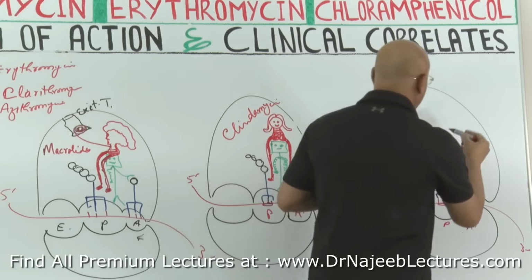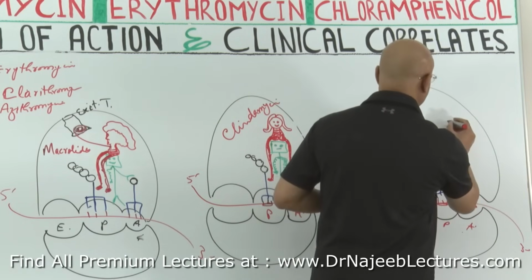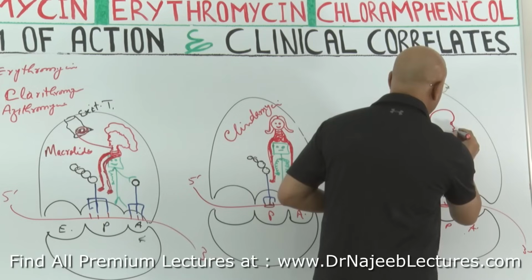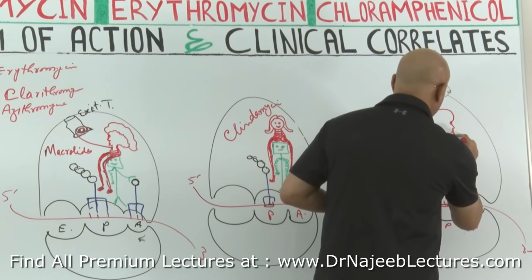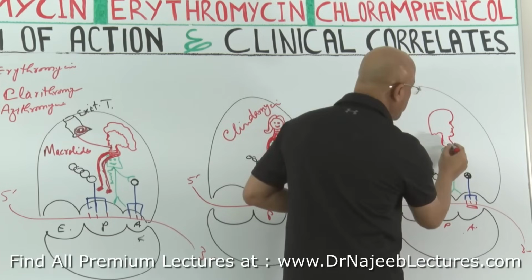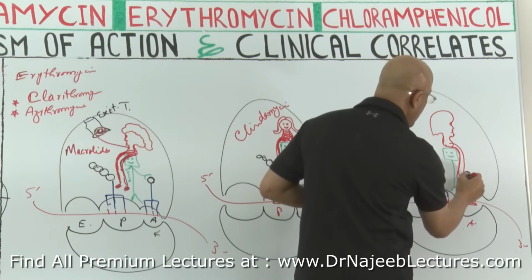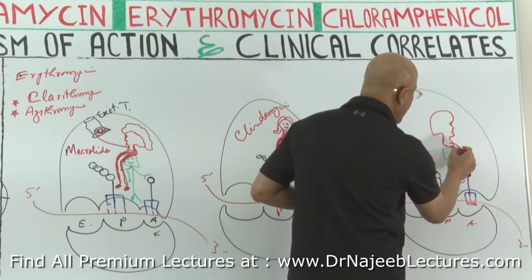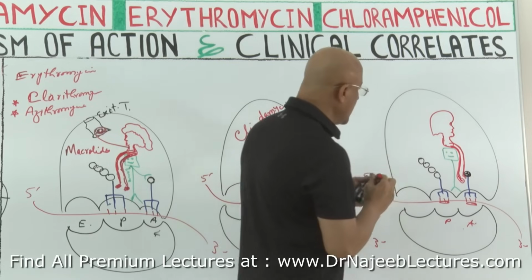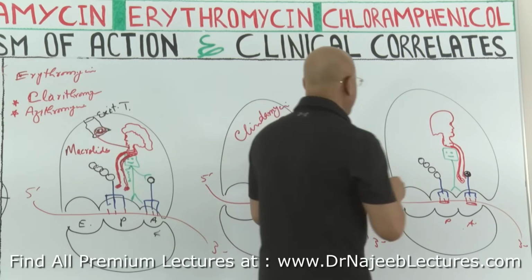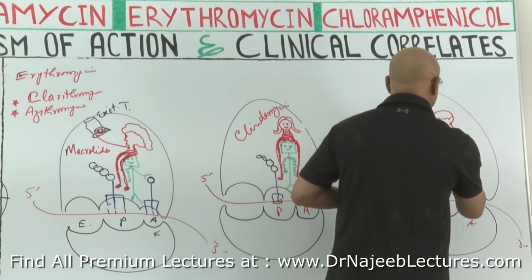Here another lady comes and says chloramphenicol. Okay, but this time both her legs are on which side? The A site. Both active units. Now look at it. What will she be doing now? It will be different from the others.